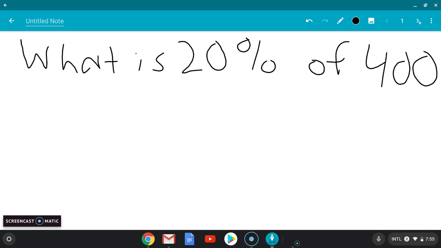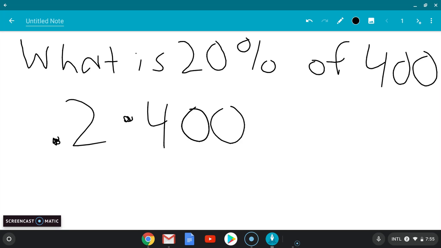All we do is take 20%, change it to a decimal. That becomes 0.2. We moved it to the left 2 spaces. 0.2, we don't need to include the 0, right? Times 400. And you end up with 80. Okay.